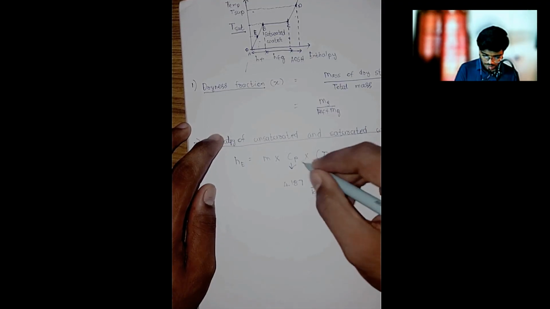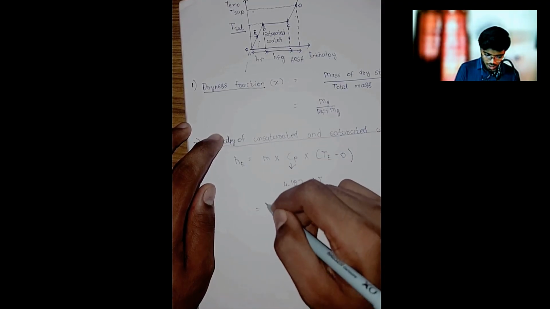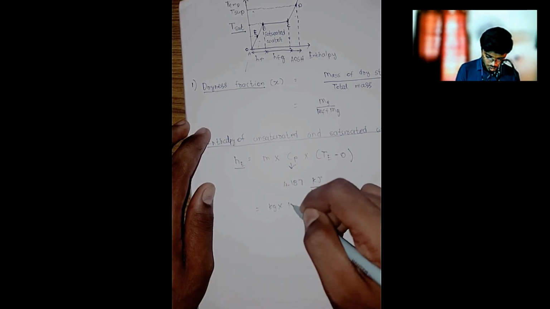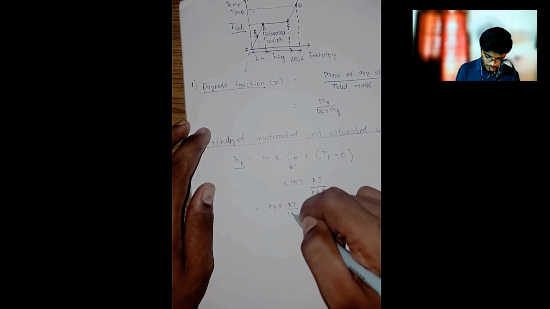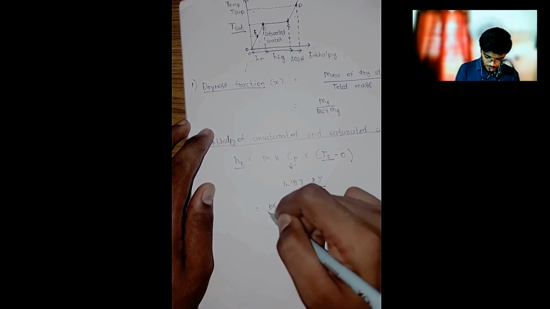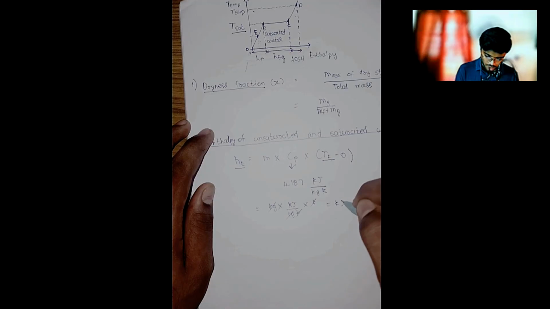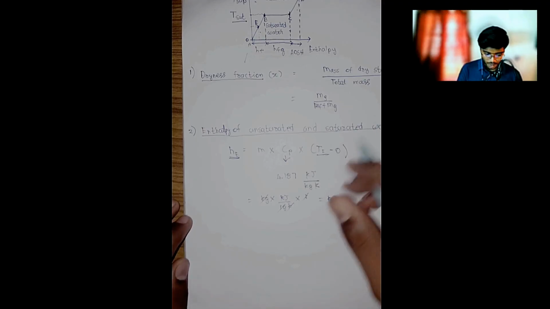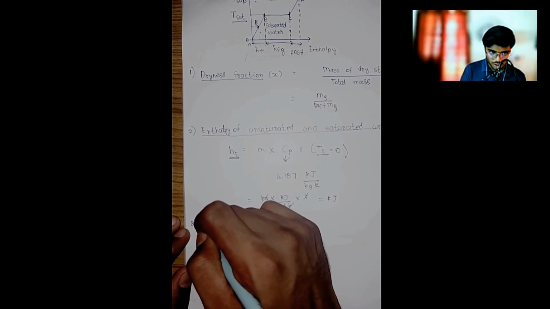We can verify this if we substitute it in the enthalpy formula. Mass is kg multiplied by kilojoule per kg Kelvin multiplied by temperature unit, that is Kelvin. We can see everything cancels and we are left with kilojoule, which is the unit of enthalpy. Okay, now going on to the next one.